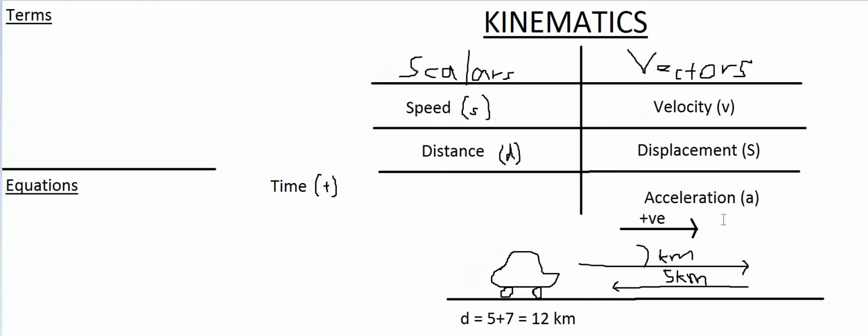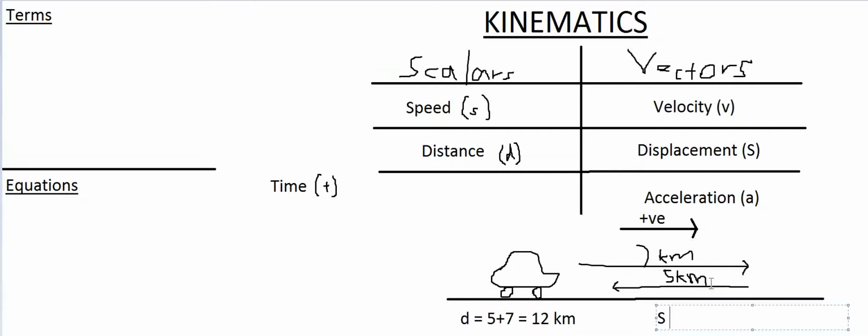It's actually 7 minus 5 km, because the 5 km as a vector quantity is negative 5 km, since it is going in the opposite direction, the negative direction.